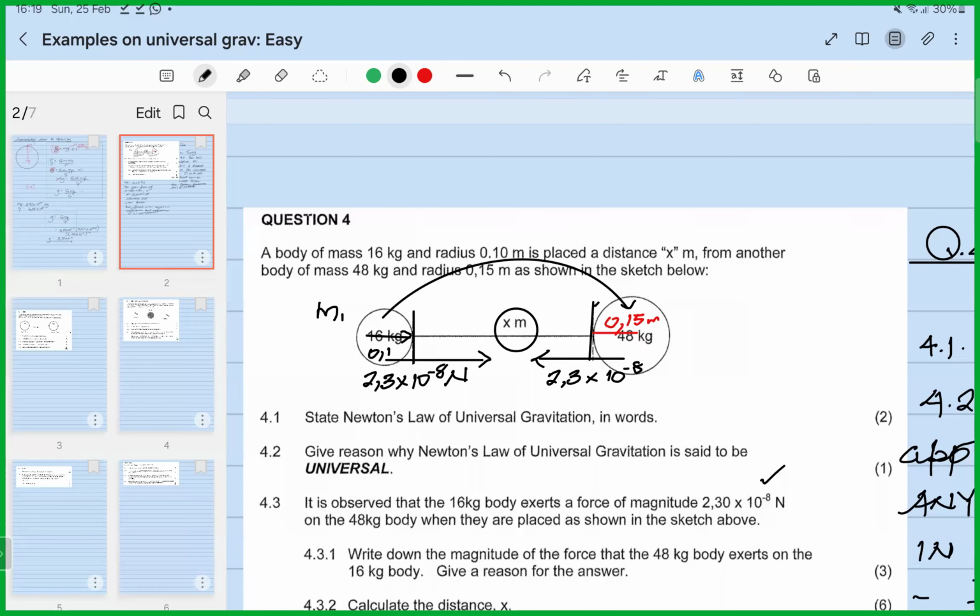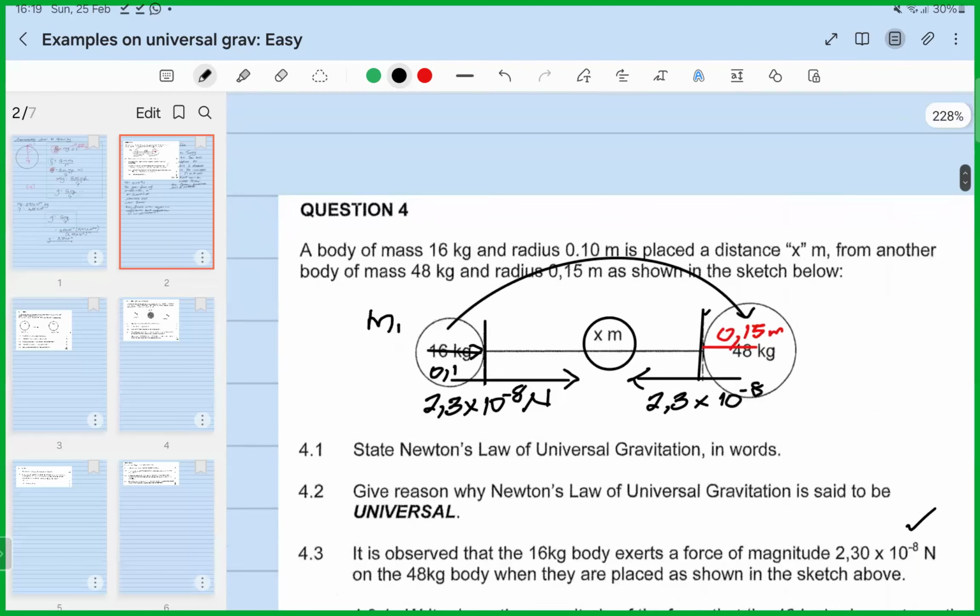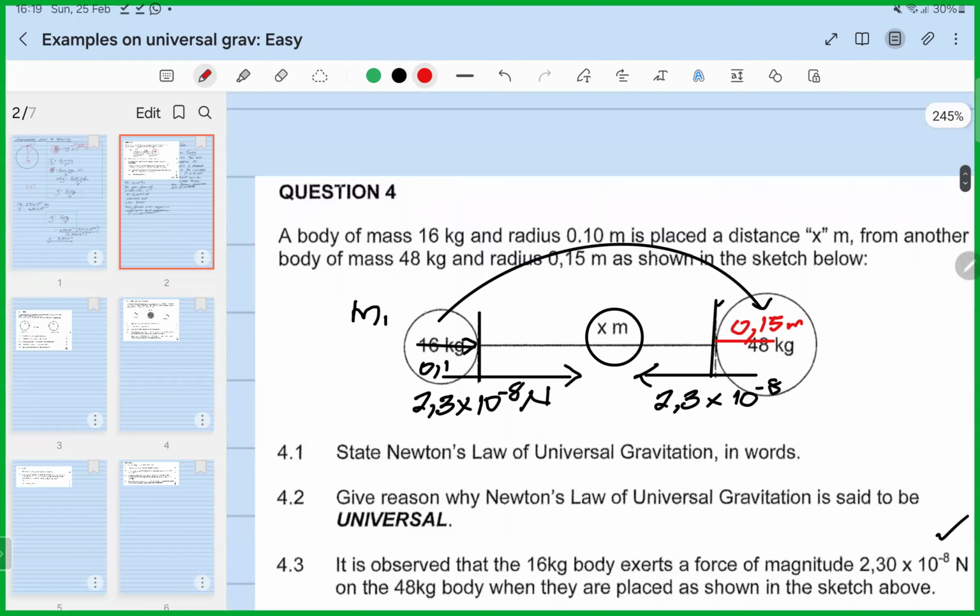Because the gravitational force of attraction, boys and girls, is from the center of one mass to the center of the other mass. So when you're working out R, R is the total distance from the center to the center of the two masses.